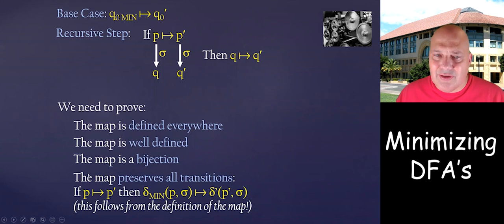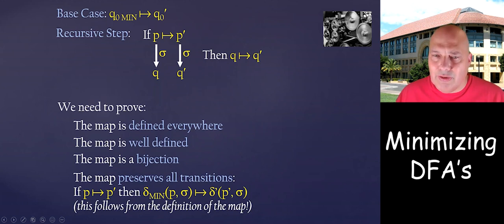So if P is mapped to P prime, then our algorithm is going to define the mapping that is required. So the delta min of P sigma is mapped to delta prime of P prime sigma.